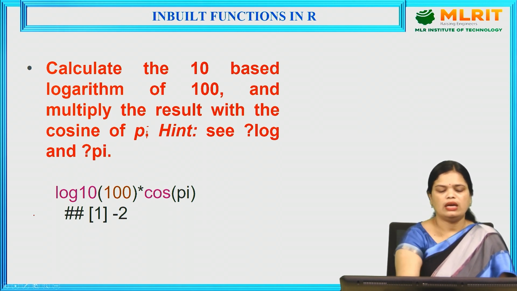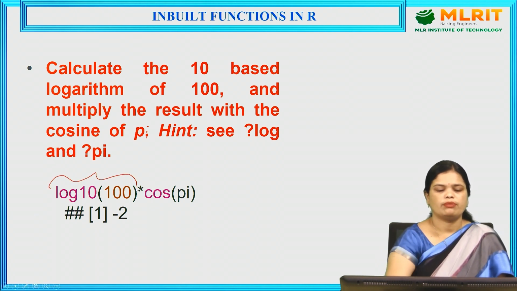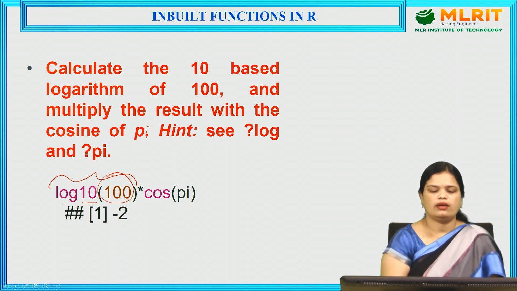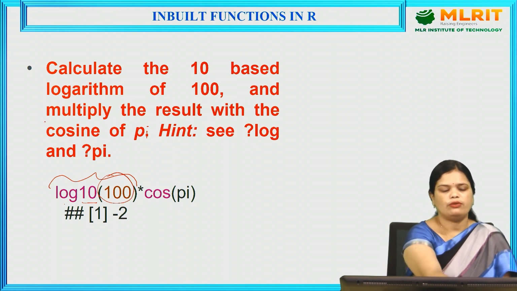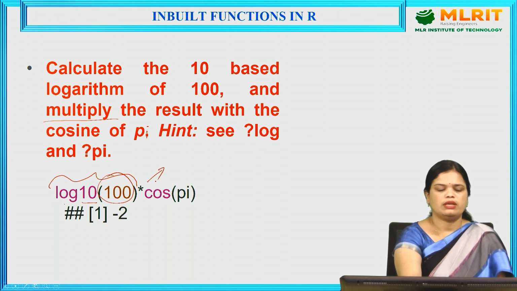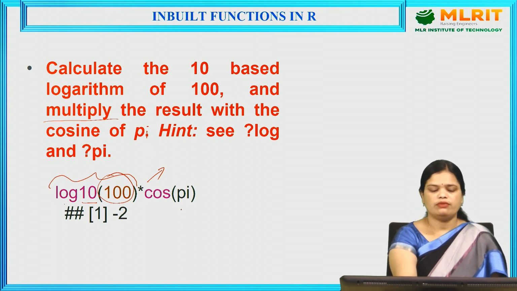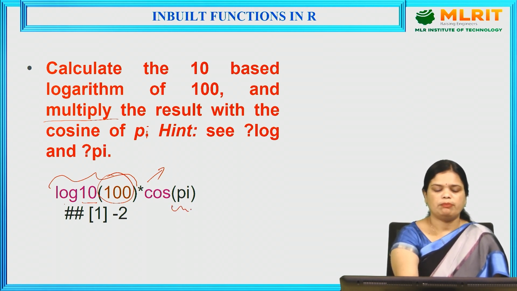In the answer, you already have the log10 function. The base 10 logarithm of 100, so this is a base 10 logarithm and you have the value 100. Next, you have to multiply, using the multiply symbol, with the cosine of pi. You have the cosine function and you are using the pi value here. So you will get the answer as -2 for this.